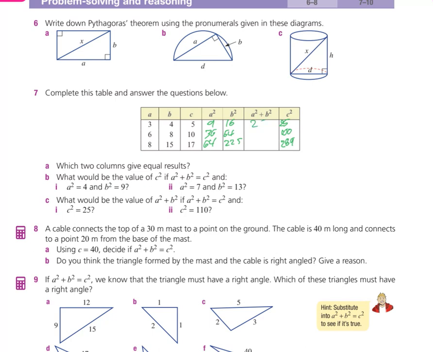And these are also the same thing, 25, 100, and 289. Just showing that a squared plus b squared equals c squared, just further proving the Pythagoras theorem.